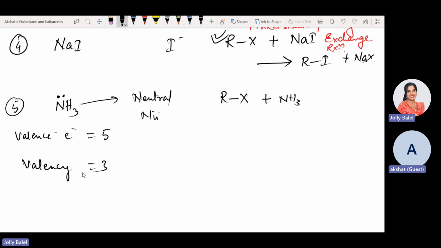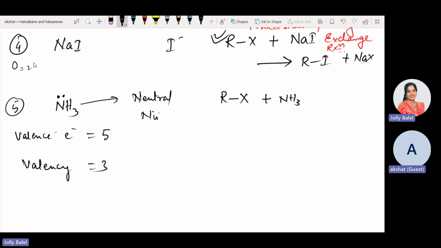That means it can get stable by forming three bonds. If it forms more than that, it will attain a positive charge, just like oxygen. Can you tell me the valency of oxygen? Its atomic number is 8, valence electrons are 6, so the valency is 2.